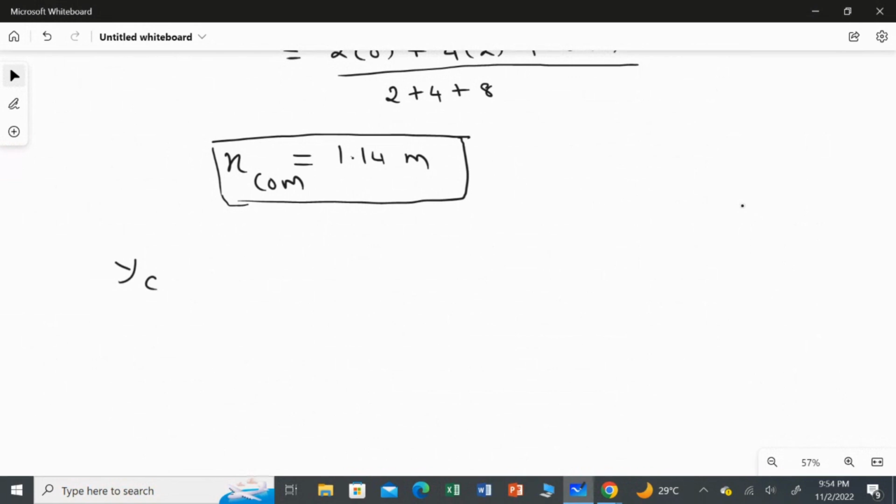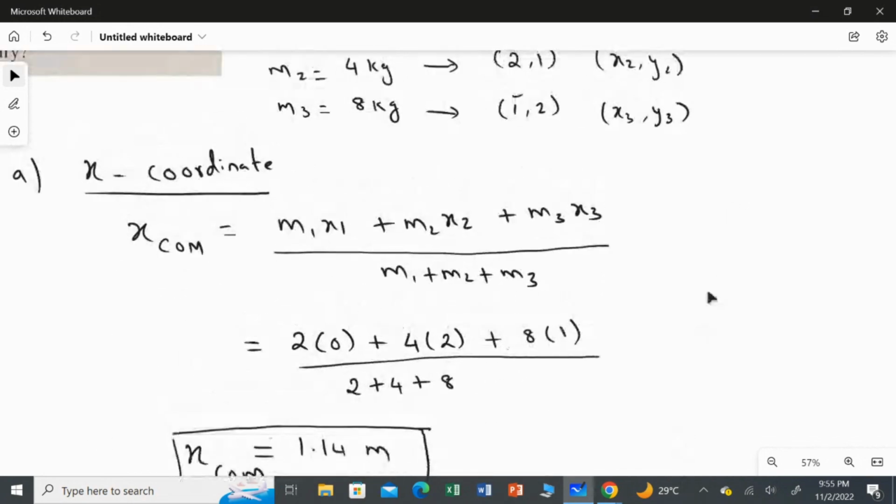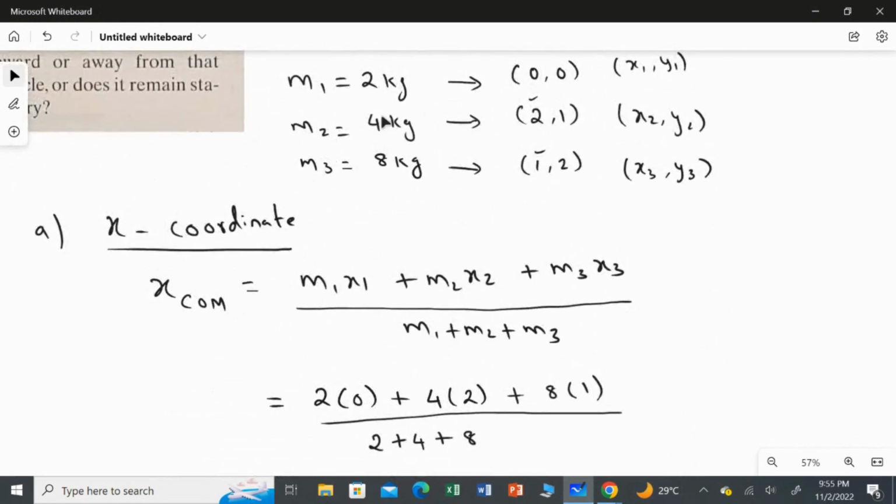So y center of mass is given by the rule (m1 y1 + m2 y2 + m3 y3) divided by (m1 + m2 + m3). Now again I am going to substitute the values. We know the mass of the first particle is 2, the second one is 4, the third one is 8.